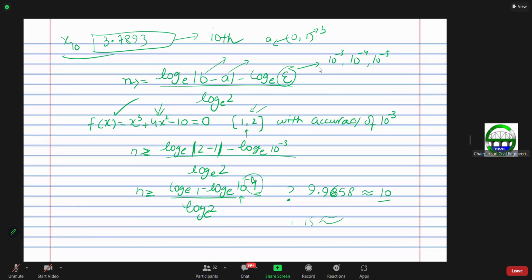Okay, so our next question is: find a positive real root of x minus cos of x is equals to 0 by the bisection method.